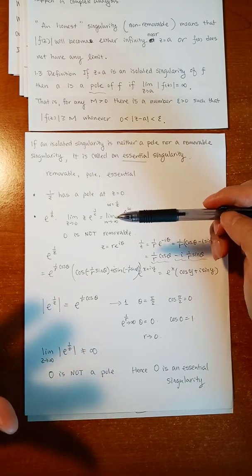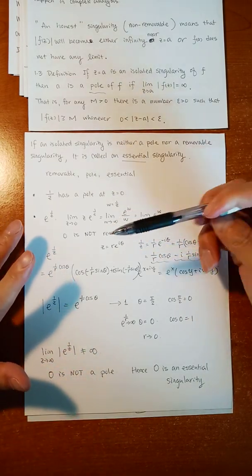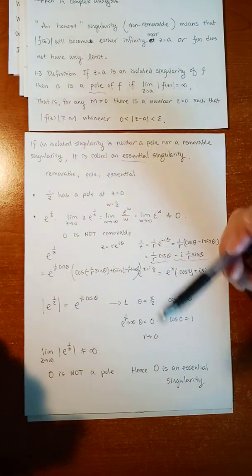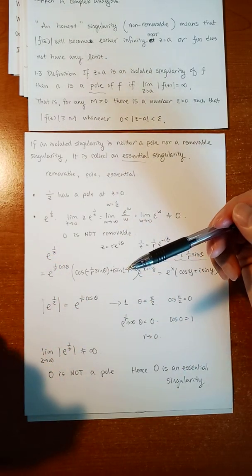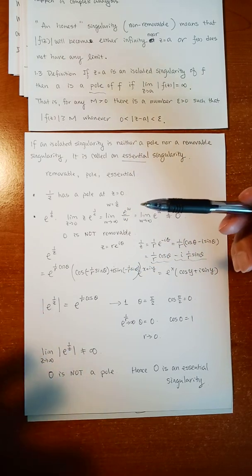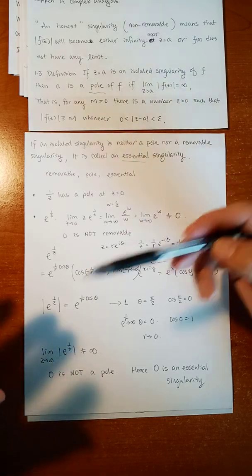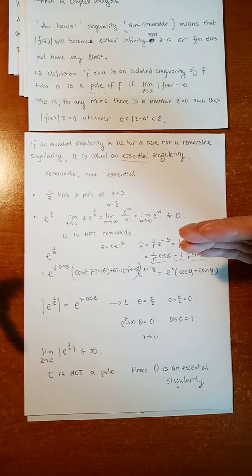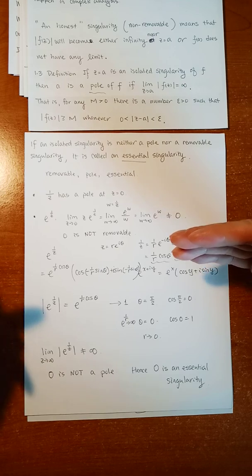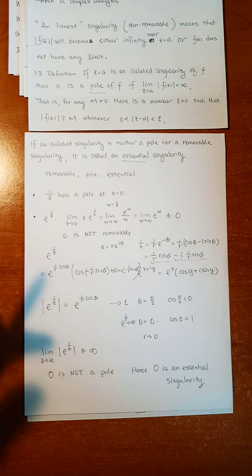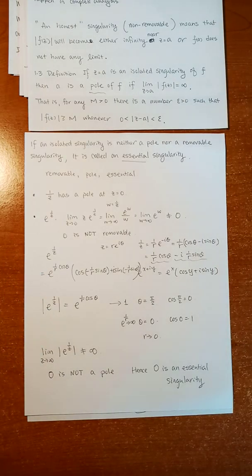And we also gave examples of non-isolated singularities: the tangent, 1 over z, and natural log of z. Later we will continue the discussion and see more characterizations of different types of isolated singularities, with more discussions in a future video. Okay, thank you very much, and we finish.